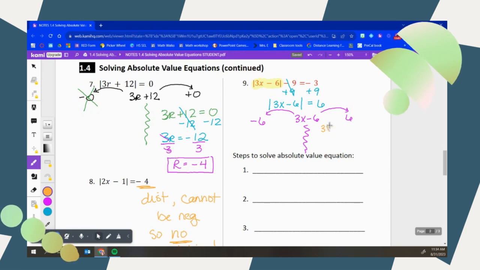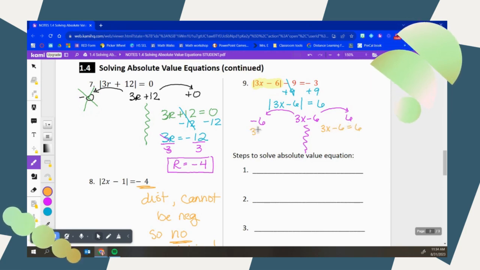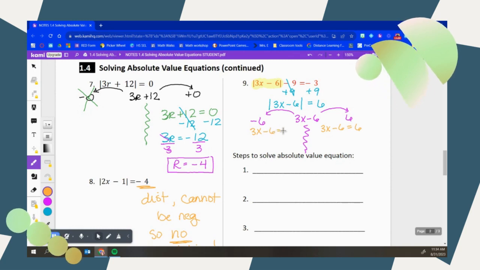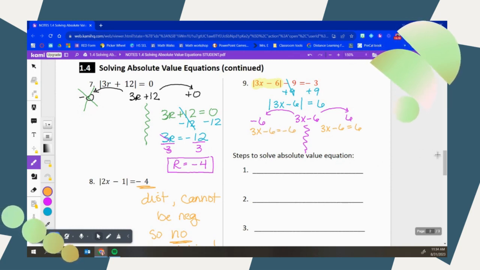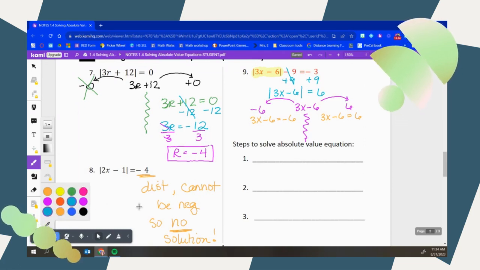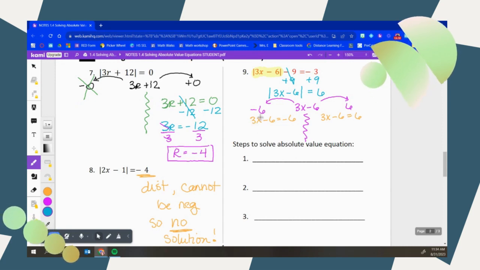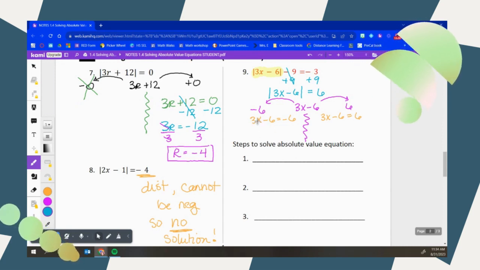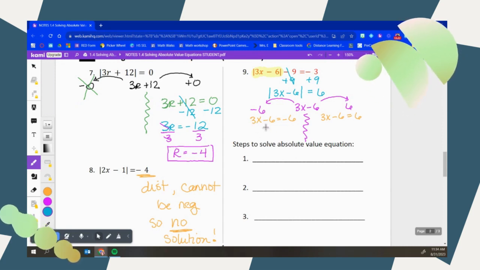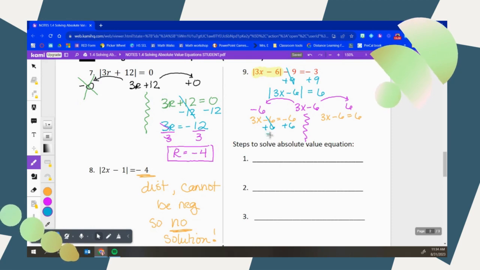So I have 3x minus 6 equals 6. And over here, 3x minus 6 equals negative 6. What do I need to do over here to get x by itself? Add 6. Add 6. Those 6's will cancel out.